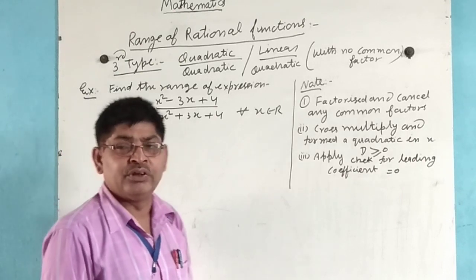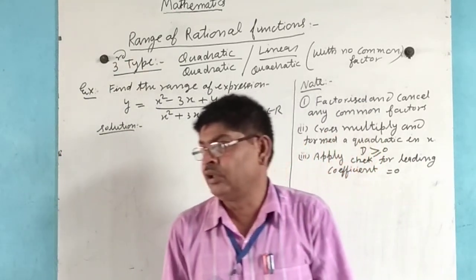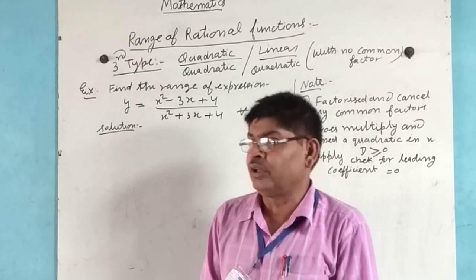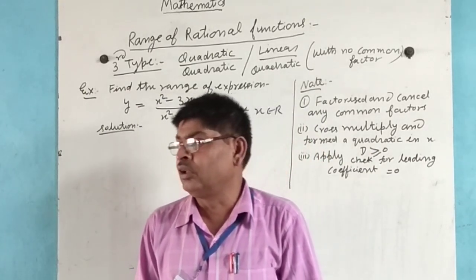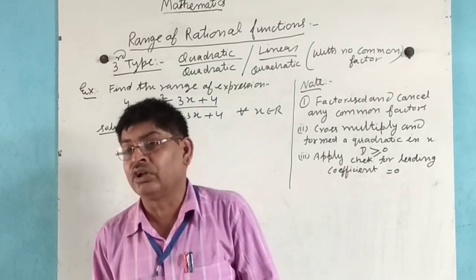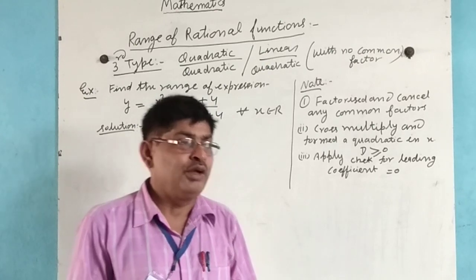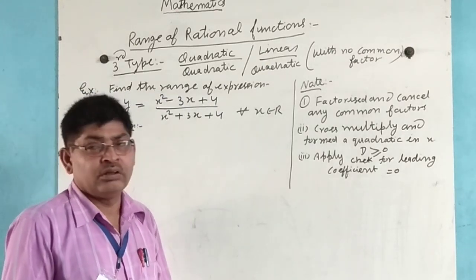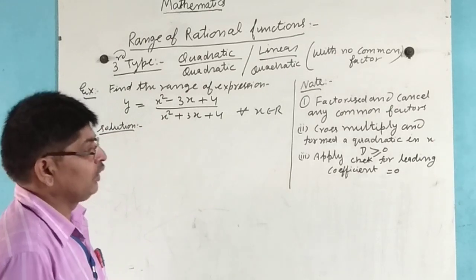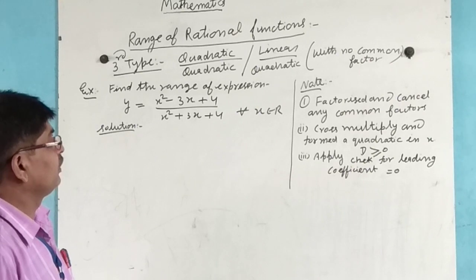First of all, we have discussed the linear by linear, and then after quadratic by quadratic, where common factor in the numerator and denominator exist. But in this type of expressions, there are no common factor in numerator as well as denominator.